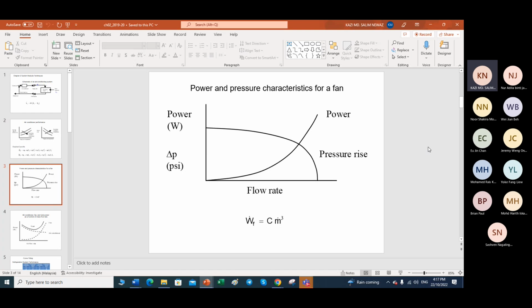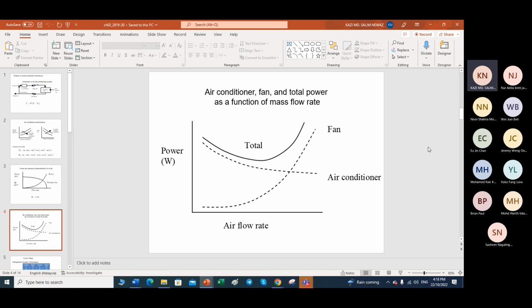So with this, we move on further, and we can see the WF, which represents the capacity of the fan in cubic meters. So with it, we move on to the power consumption W and air flow rate.